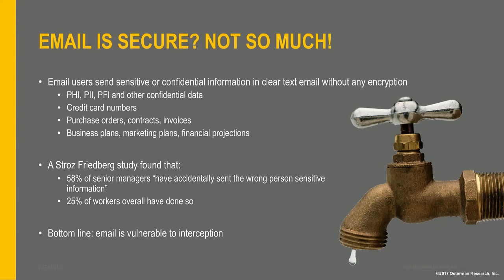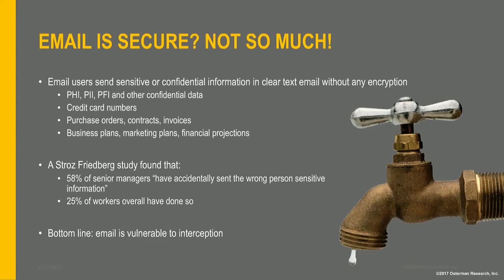And with regard to information that is accidentally sent to the wrong person, a Stroz Friedberg study found that about 3 out of 5 senior managers have accidentally sent sensitive information to the wrong person. And that's really easy to do, because of the type-ahead feature in Outlook or pretty much any email client that you're using. And about a quarter of workers overall have done so. So this is a very common thing.